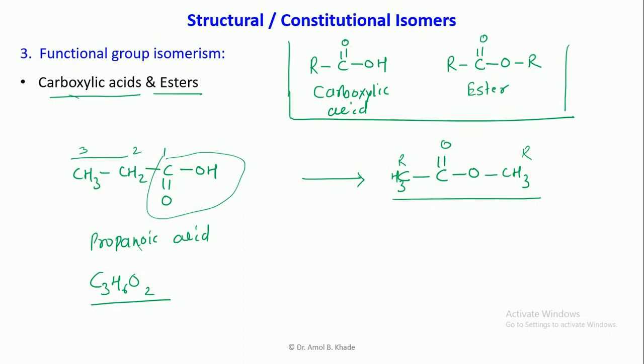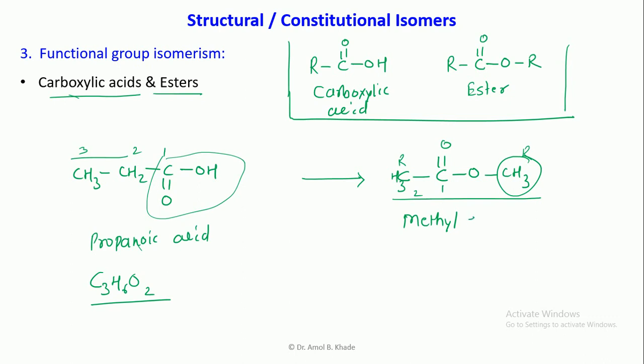Now name this compound. We have seen the nomenclature of esters. So there is a methyl group connected to this RCOOR. So we can write it is methyl, and what is remaining here, 1 and 2, so it is ethane, and it has an ending or suffix of ATE.